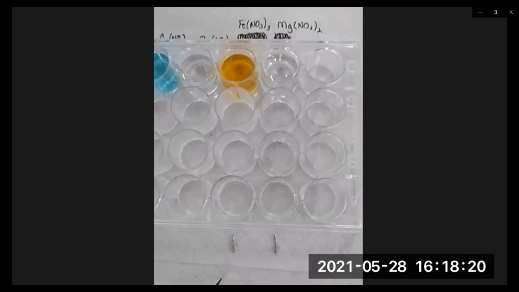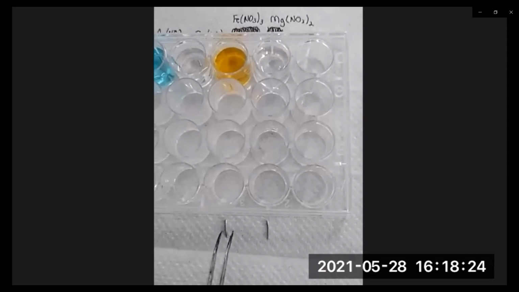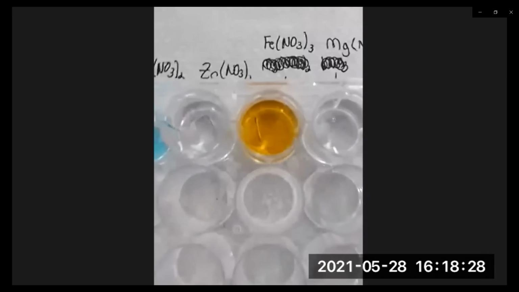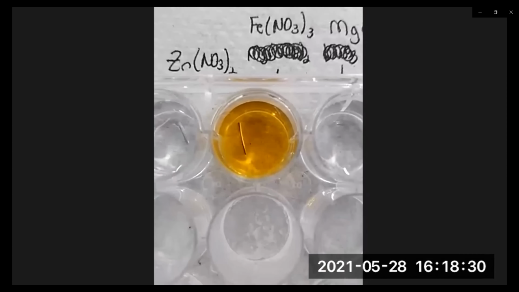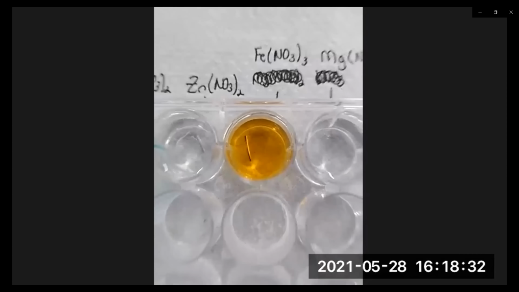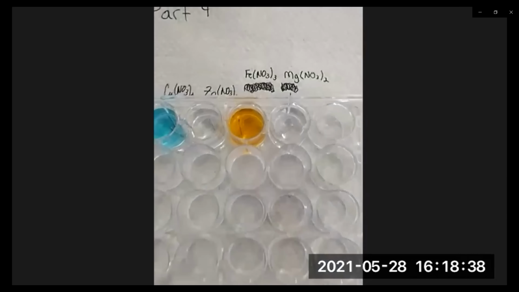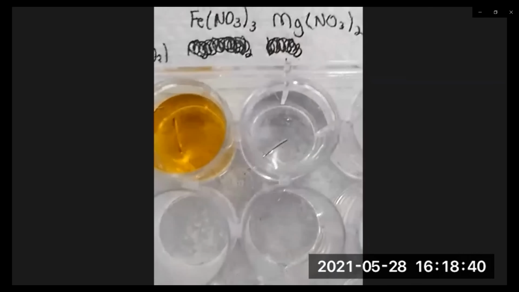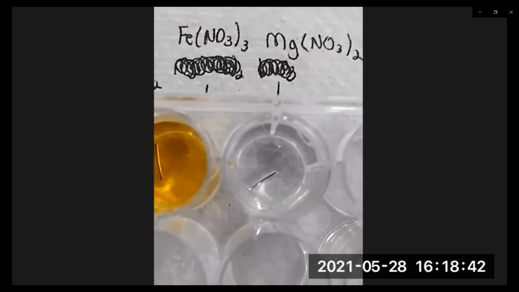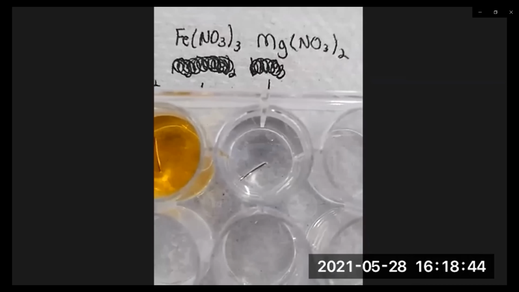Next, we're going to take one and add it to the iron nitrate solution. Again, these are small pieces of metal. And you're going to watch and try to observe any indication that a reaction is occurring. And then, of course, in the magnesium nitrate solution.